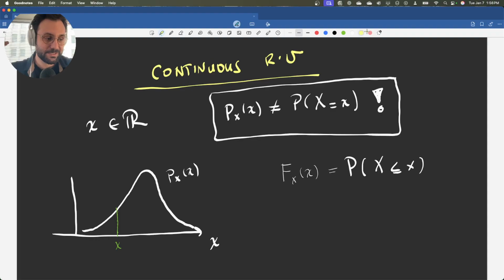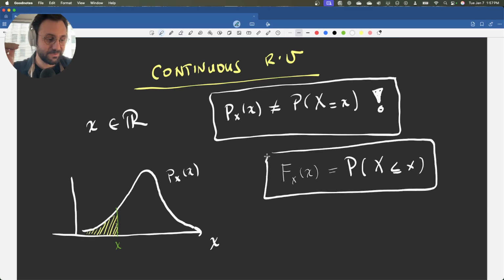So we can talk about the probability under this curve.